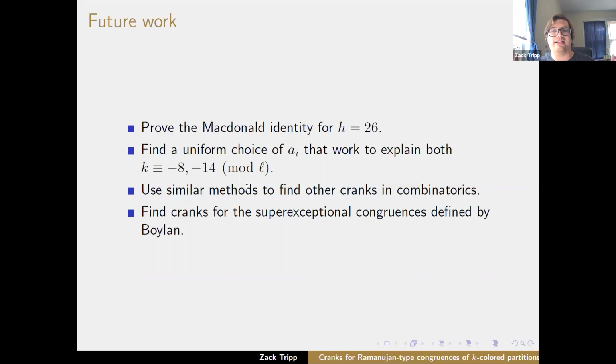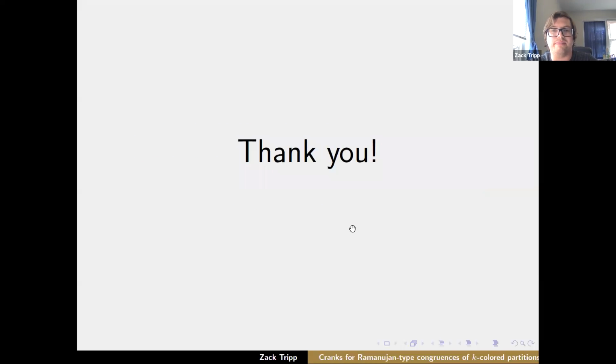He also classifies for k less than or equal to, I believe it's 47 odd, all the congruences that could exist for k-colored partition functions. And he finds that there are just a couple that don't fit into either of those frameworks, either the easy or the hard congruences. So it'd be interesting to find cranks for those few that don't fit into these frameworks. All right. Thank you, everyone.